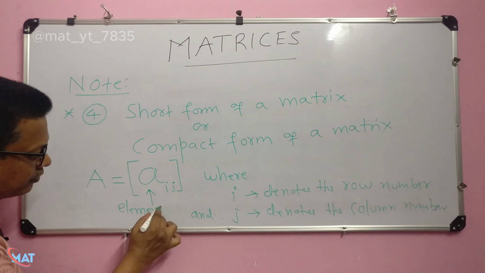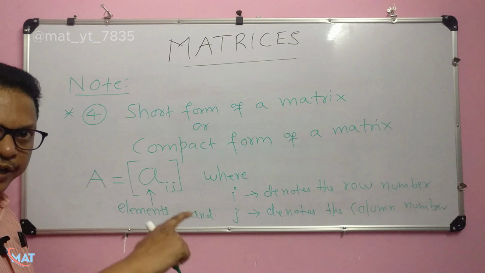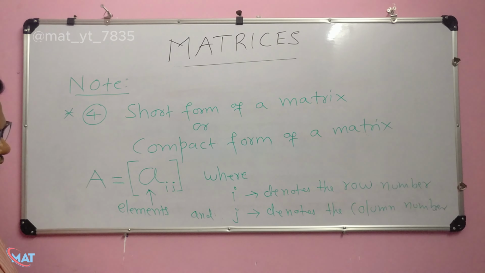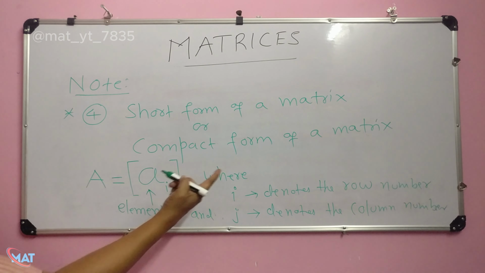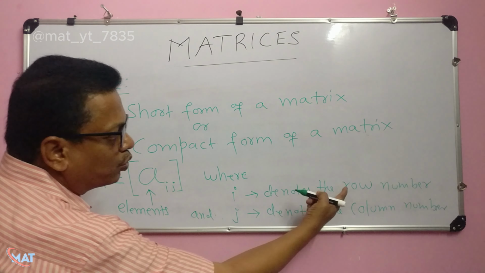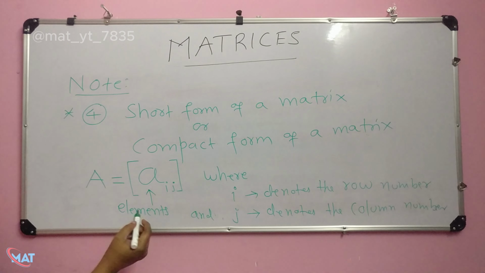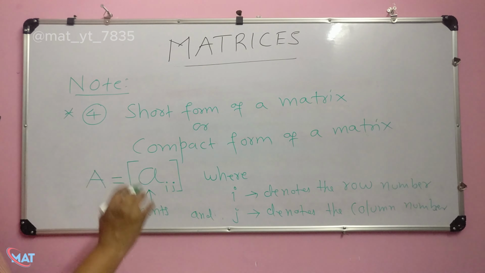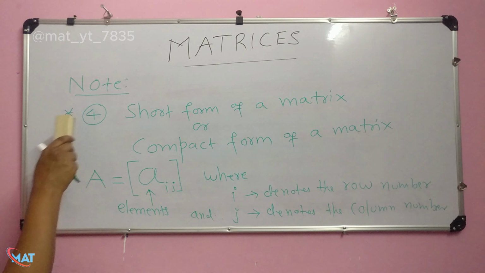As I already gave you, elements can be pure numbers or pure lowercase letters or a combination of both. Later I am going to give you an example for this so that you can understand the meaning of row number and column number. I and J I wrote here. In some texts they will write i comma j, but no need. Just write ij inside the square bracket. Let us see an example under the same note 4 only.